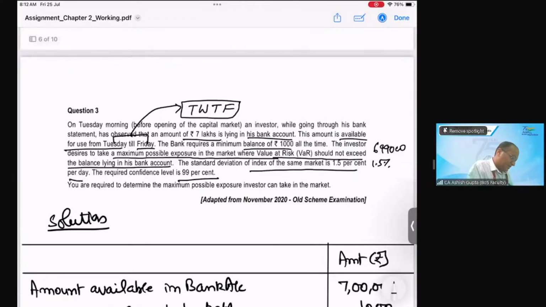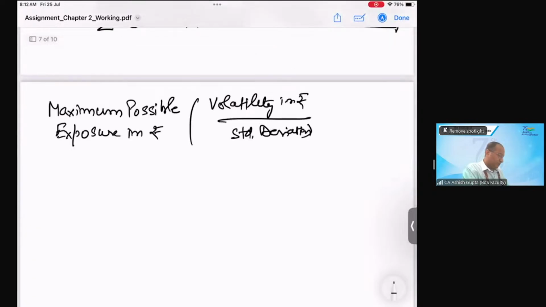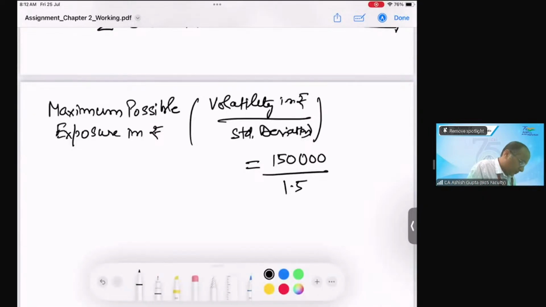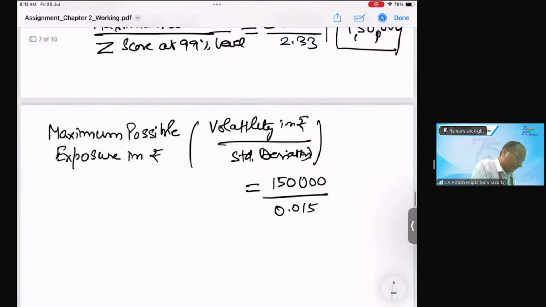This value is here 1.5%. So the resultant value will be here 1 crore.